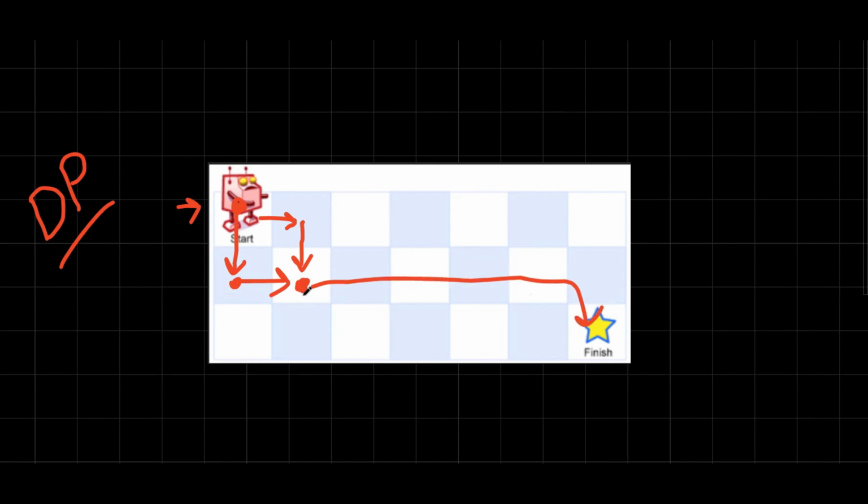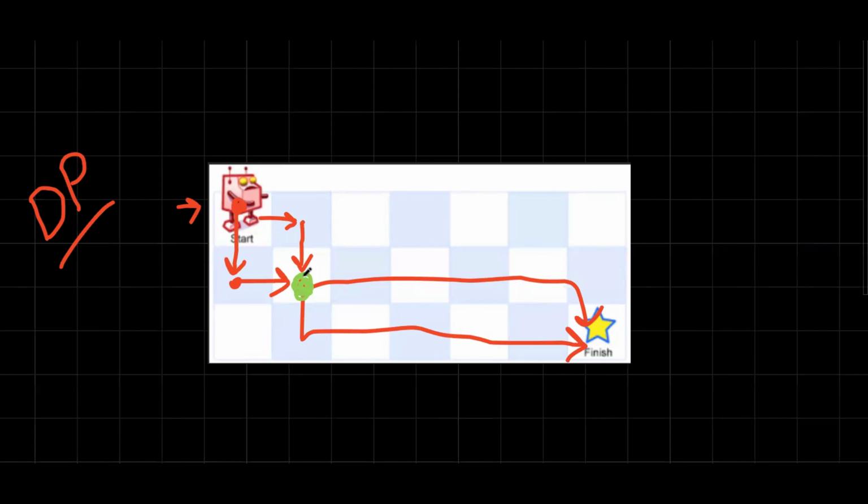But wait, this subproblem already arrived previously. So here we can say that the subproblem, in how many ways we can reach the finishing position from this position, arrives 2 times.